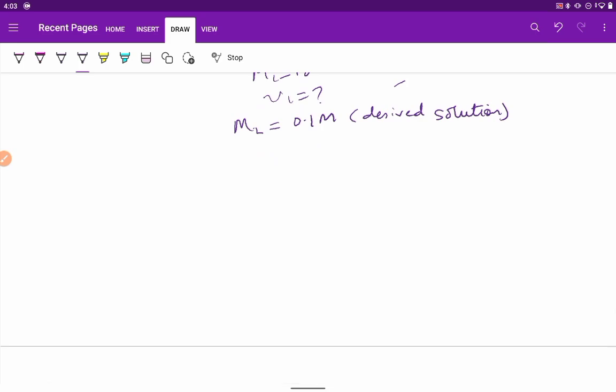Similarly, V2 will also be the volume of the desired solution, that is 1 liter, because we have to make 1 liter. So using this equation M1V1 equal to M2V2, we get that V1 equal to M2V2 by M1.